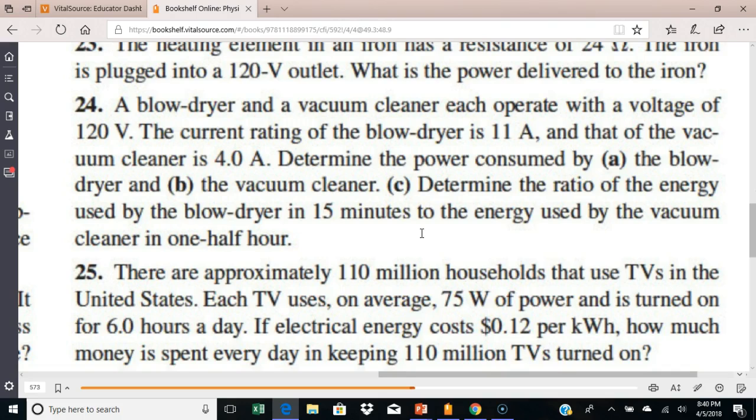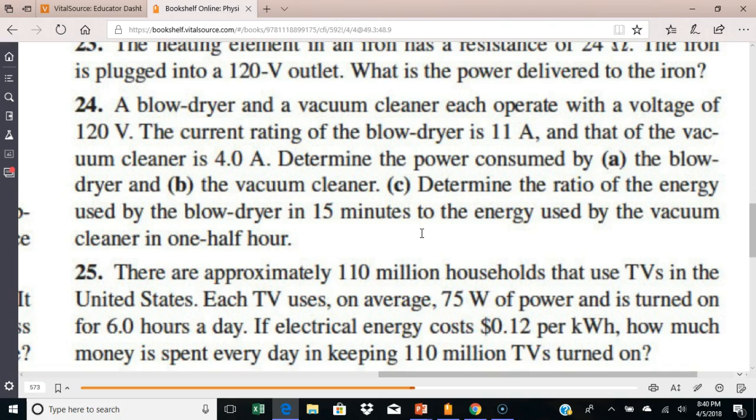The energy of the blow dryer is 1,320 watts that we just calculated, times 15 minutes. That's the numerator. The denominator is the energy of the vacuum cleaner, 480 watts times 30 minutes. That gives you about 9,500 joules in the numerator, 4,400 joules in the denominator. Basically, the ratio of the two is 1.4.